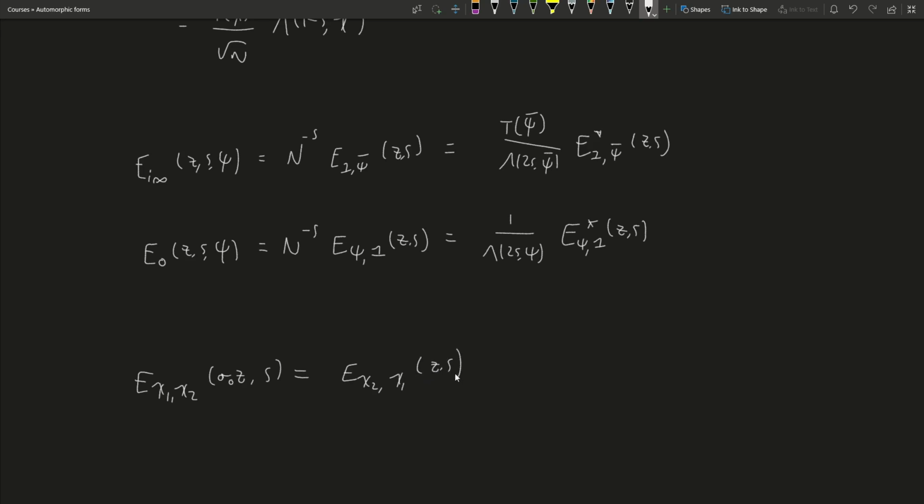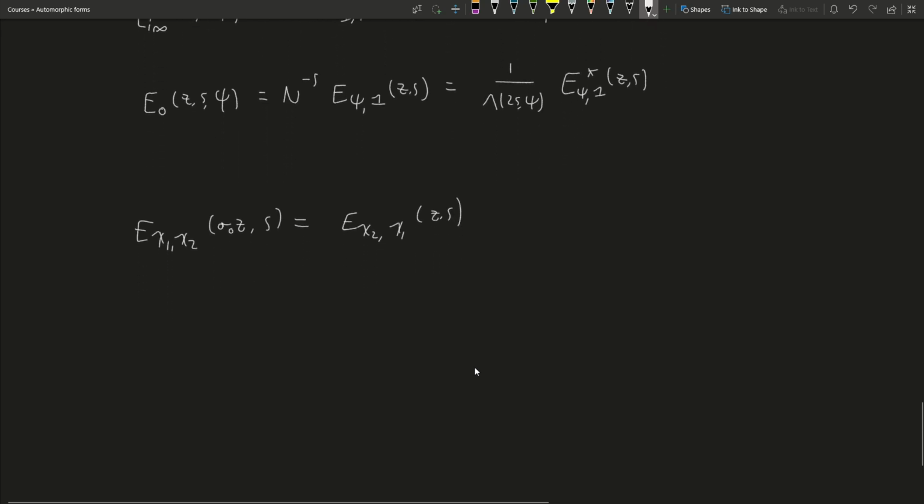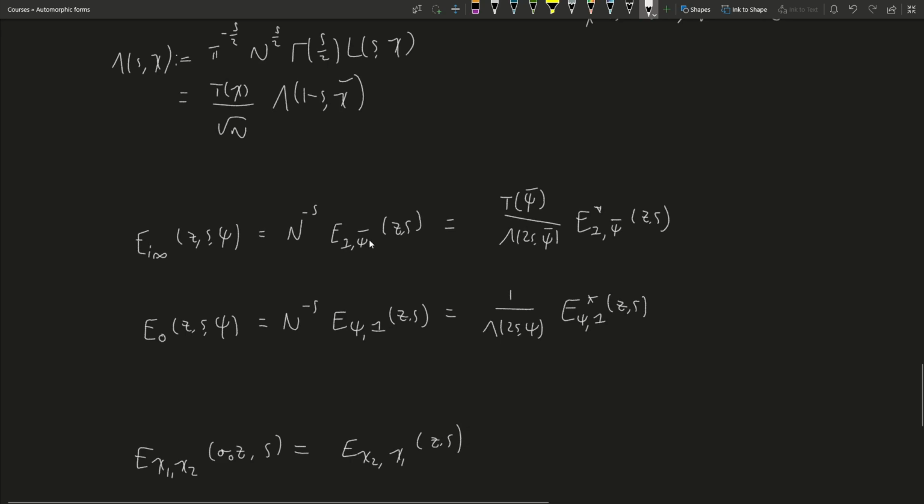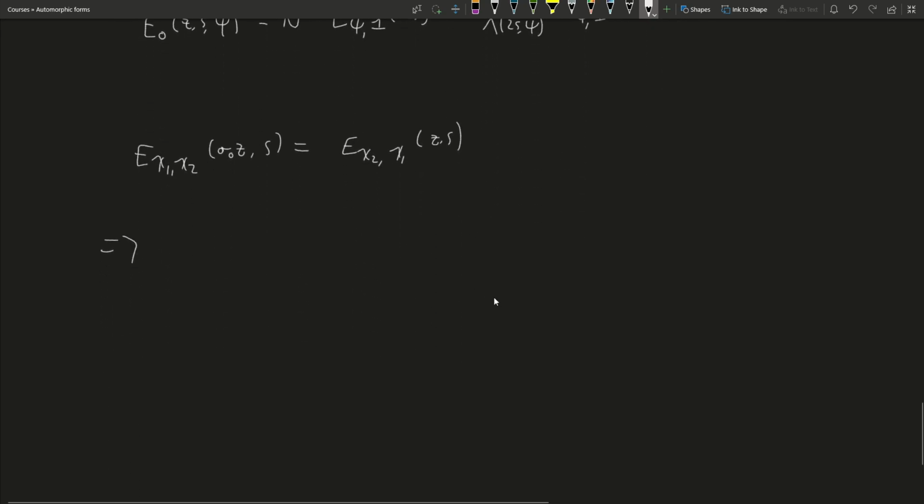Again, this is all assuming prime level, etc. And what this implies, using our relations up here, is that E at infinity, sigma naught, z, s, psi is equal to the Eisenstein series at the cusp 0, but now you have psi bar.